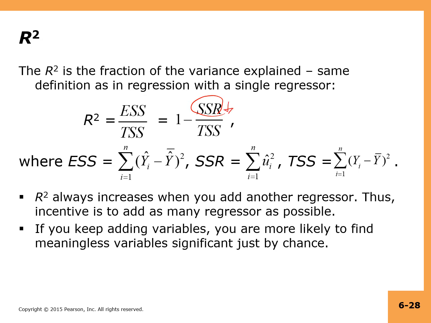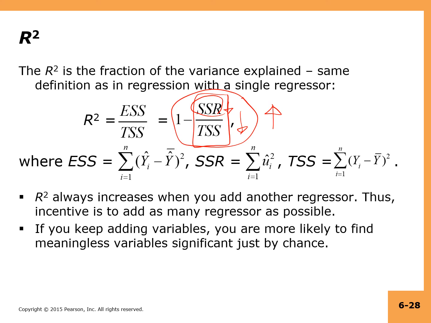And if SSR decreases, SSR over TSS also decreases. Since the R-square formula subtracts this SSR over TSS from 1, if what you're subtracting decreases, then R-square increases. So in short, whenever you add a regressor, R-square would increase.